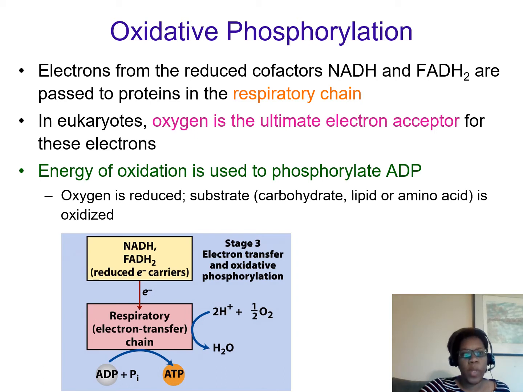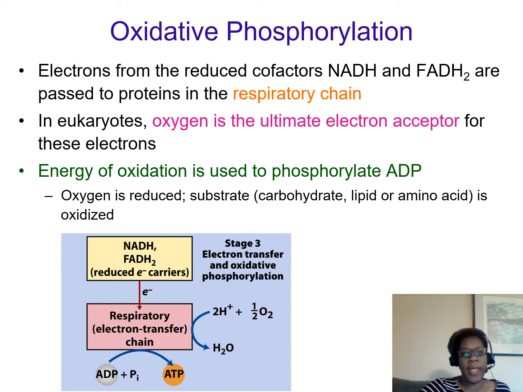And so now we're at stage 3, the electron transfer and oxidative phosphorylation, where these NADH and FADH2, called reduced electron carriers, are transported to the respiratory chain or the electron transport chain. And you're carrying these electrons finally to O2.